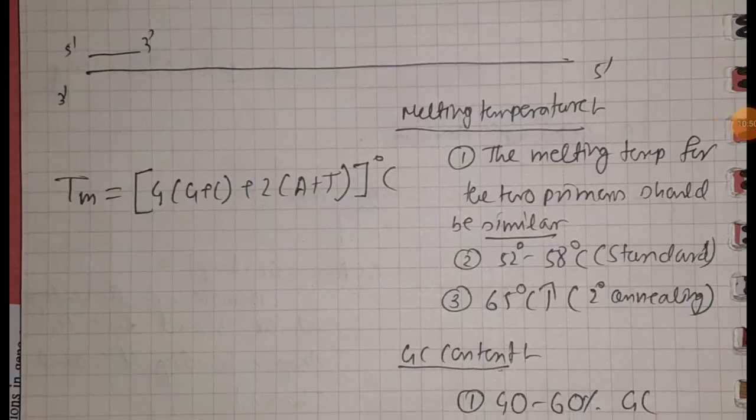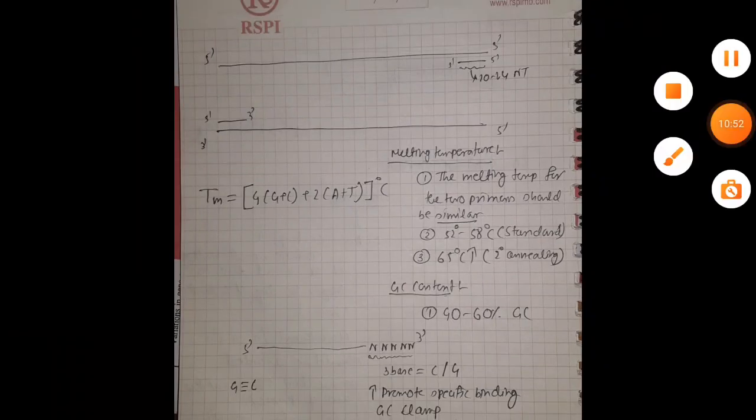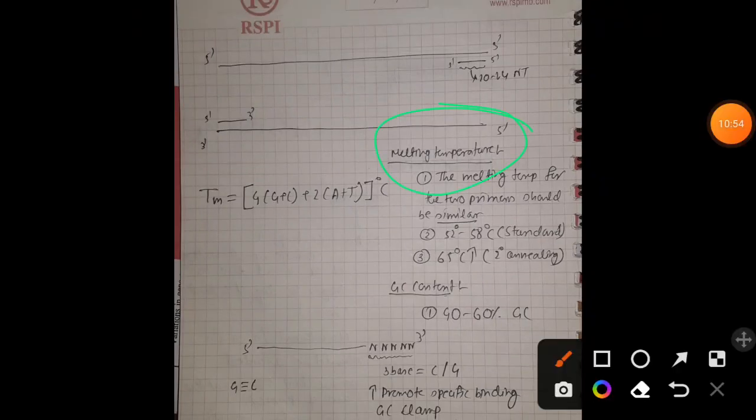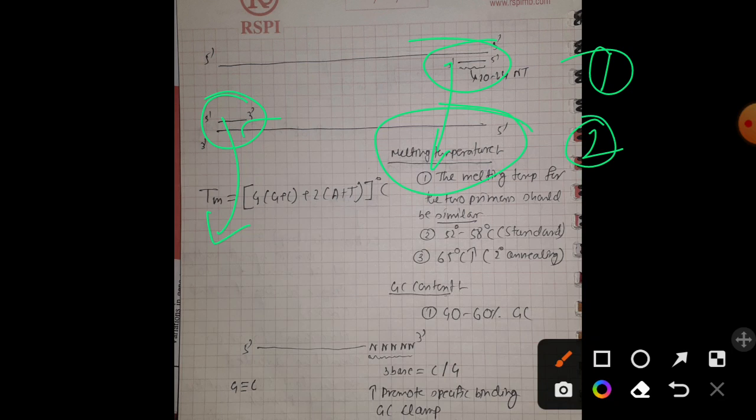In that picture we learnt about the melting temperature, where we discussed that the melting temperatures of the two primers should be similar, so that we can perform the association and dissociation of the primer reaction at a particular temperature. We do not need various temperatures for various processes. 50 to 58 degrees centigrade is preferable.